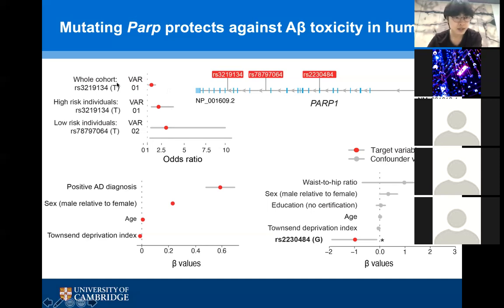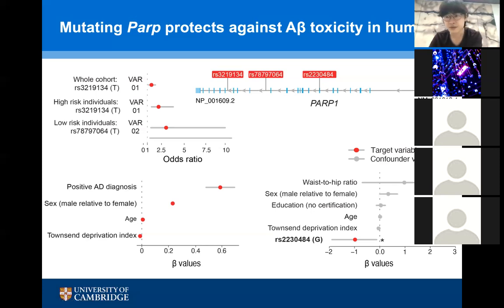And how I looked at that is that I used first the whole cohort, which is basically comparing whether a person has Alzheimer's disease or not, and then whether there's a Parp mutation that affects this relationship. And then I looked at high-risk individuals.